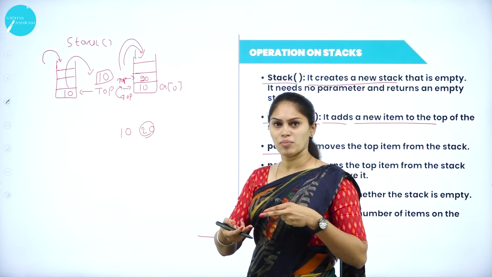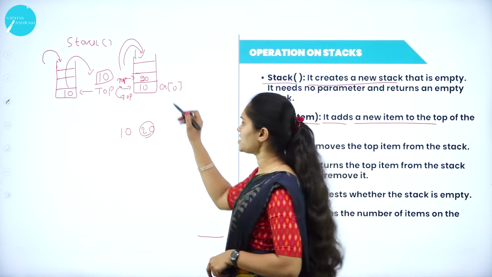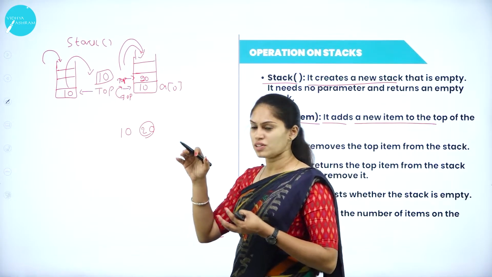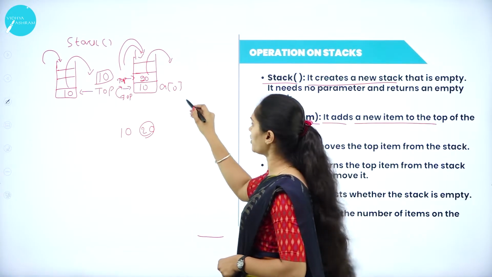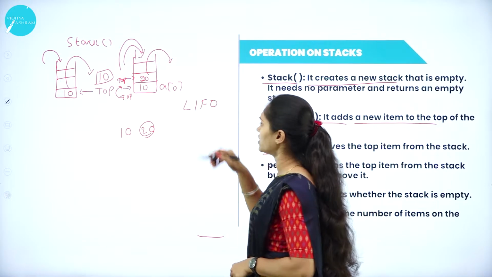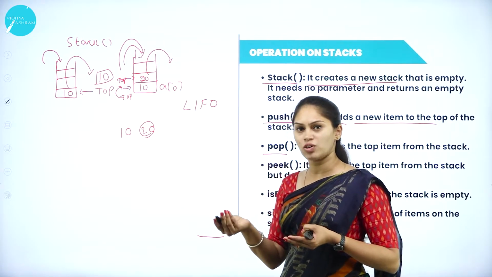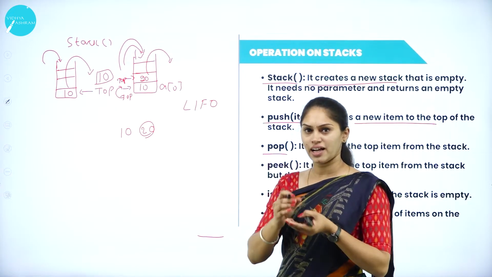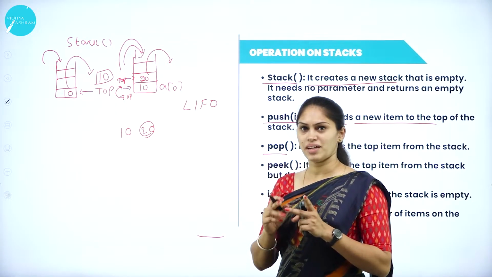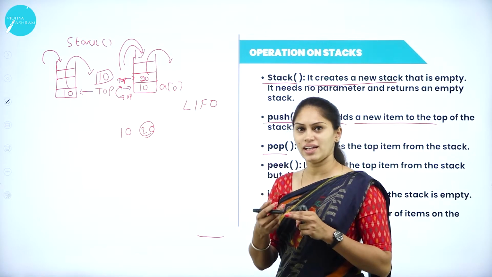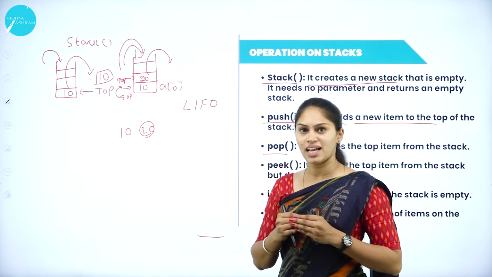If I want to pop, then which element is going to come out first? That is 20. Why? Because we are going to follow LIFO, that is last in, first out. I have pushed the element 10 as the first element. I am taking the second element as 20. So 20 will be the last element for now.